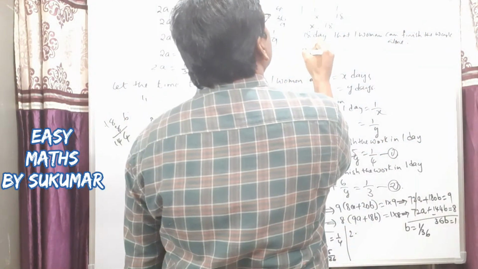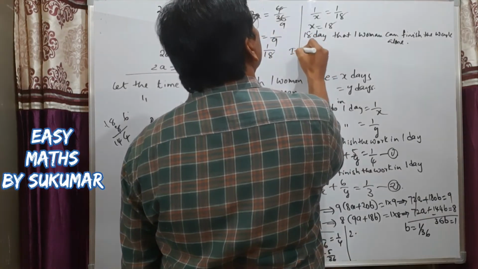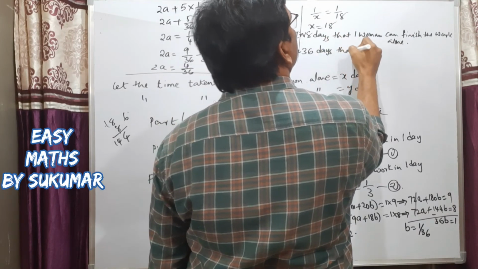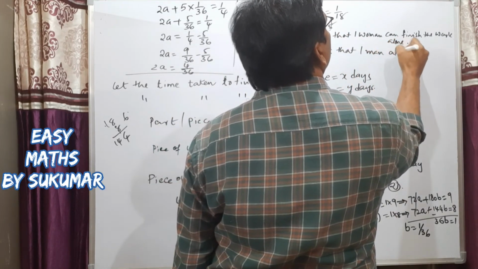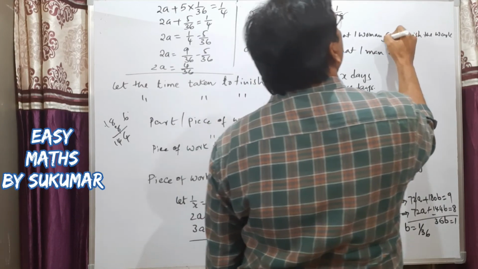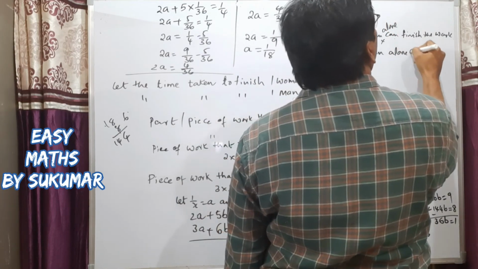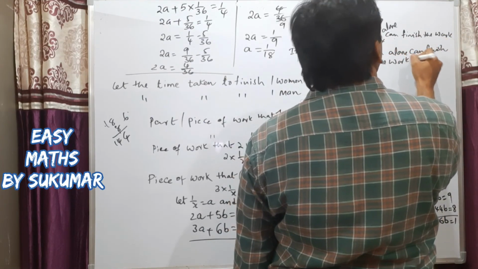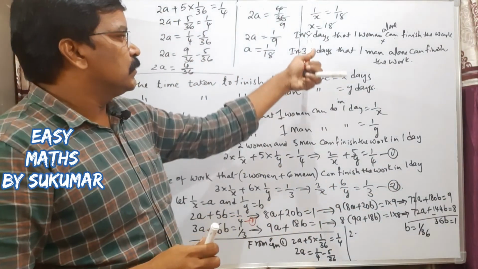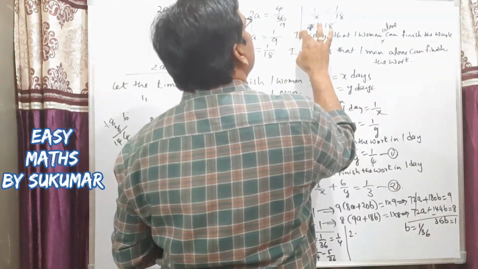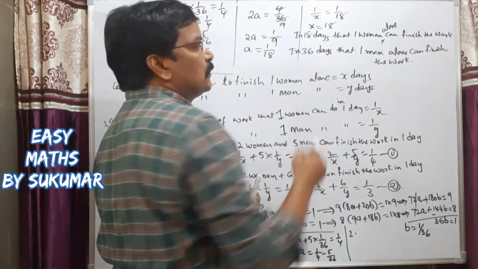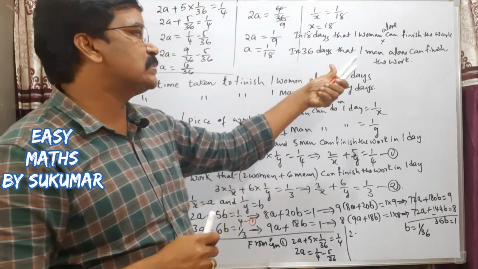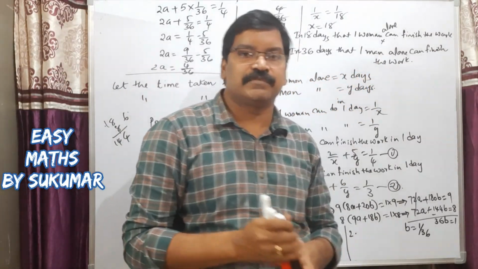That means in 36 days one man alone can finish the work. So in 18 days one woman alone can finish the work, and in 36 days one man alone can finish the work.